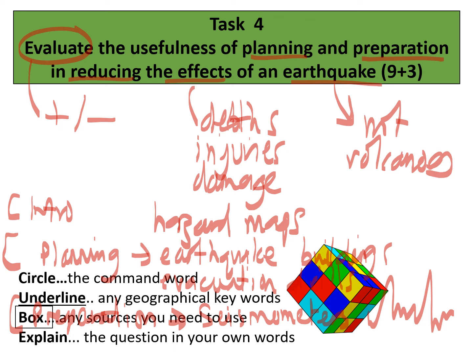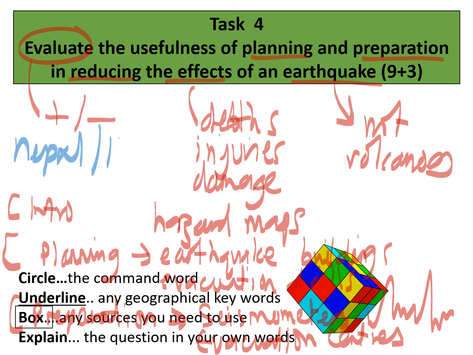They could have evacuation sensors. Okay. And you might want to actually make reference to the Nepal and the Italy case study that you learned about a couple of weeks ago. So you might want to talk about things that they had in place that meant that the impacts weren't as bad as they would have been if they didn't have those things in place.